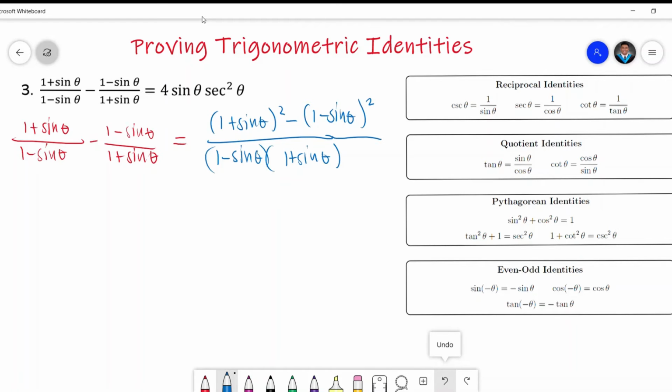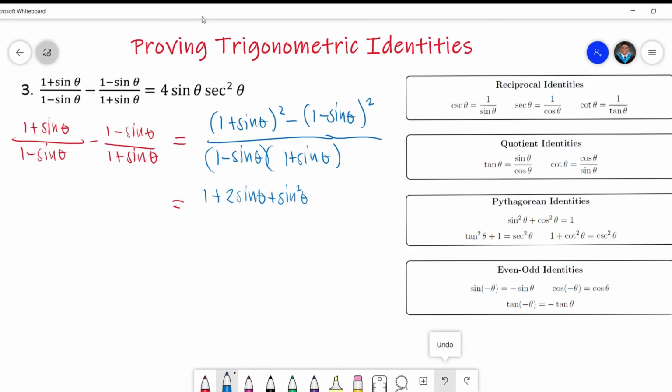Okay. Now, dito, ang next natin gagawin is we're going to expand the numerator. So, expanding the numerator, we get, of course, let's expand this one. This will give us 1 plus 2 sine theta plus sine square theta.